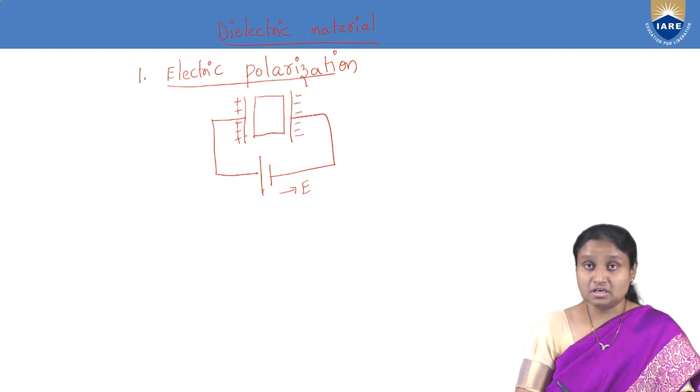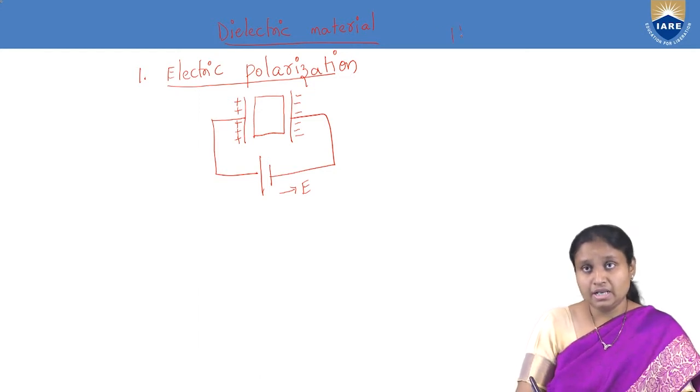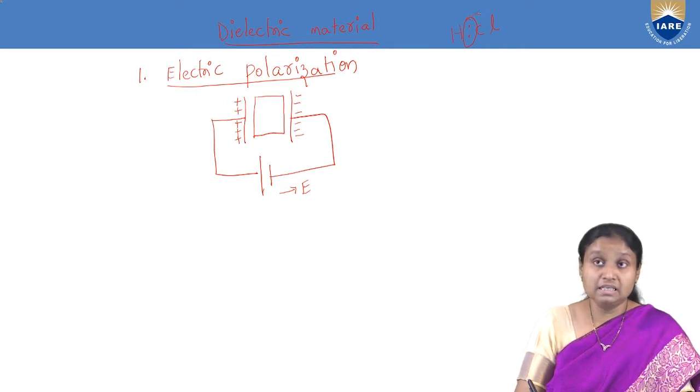Suppose I take hydrogen chloride, HCl. We know that hydrogen and chlorine come together and form a bond by sharing a single pair of electrons. But chlorine, because it is highly electronegative, will pull this pair of electrons towards it. So the chlorine atom becomes the negative end and the hydrogen atom becomes the positive end.